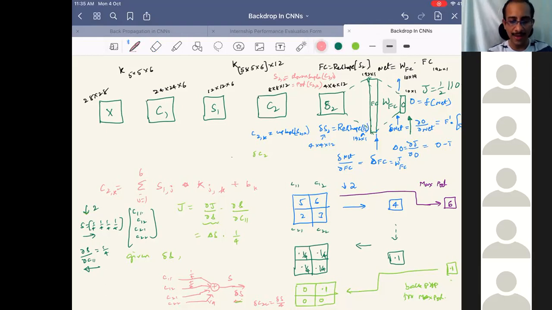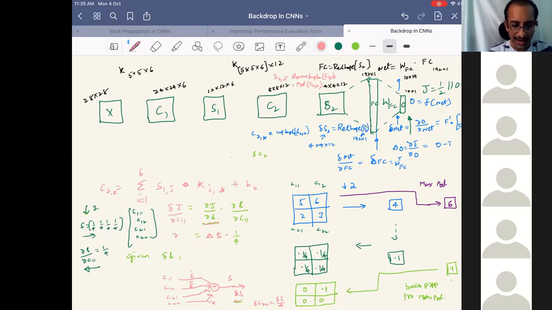So if we write now in back propagation, we already have dou J by dou S, which is delta S. Please note that capital delta S means dou J by dou S, and that gets multiplied with dou S by dou C11.